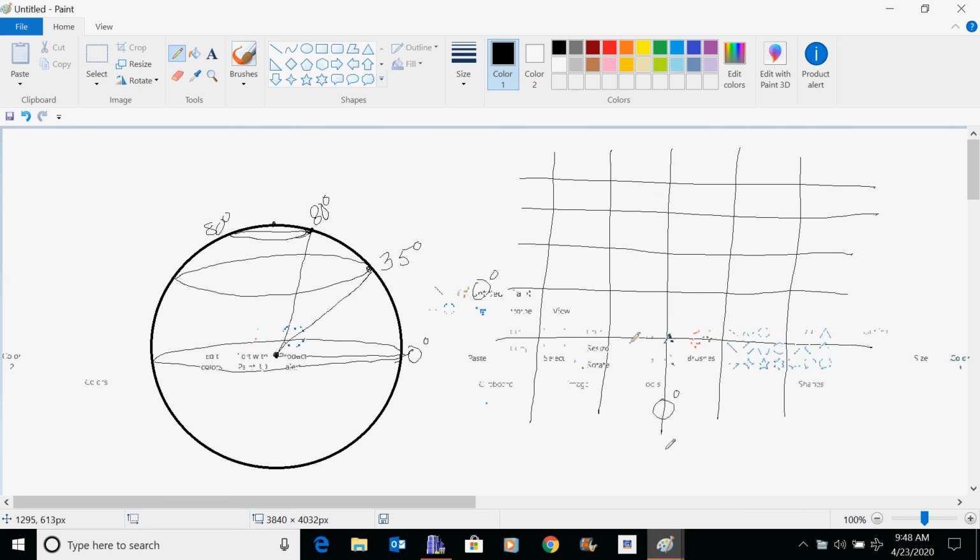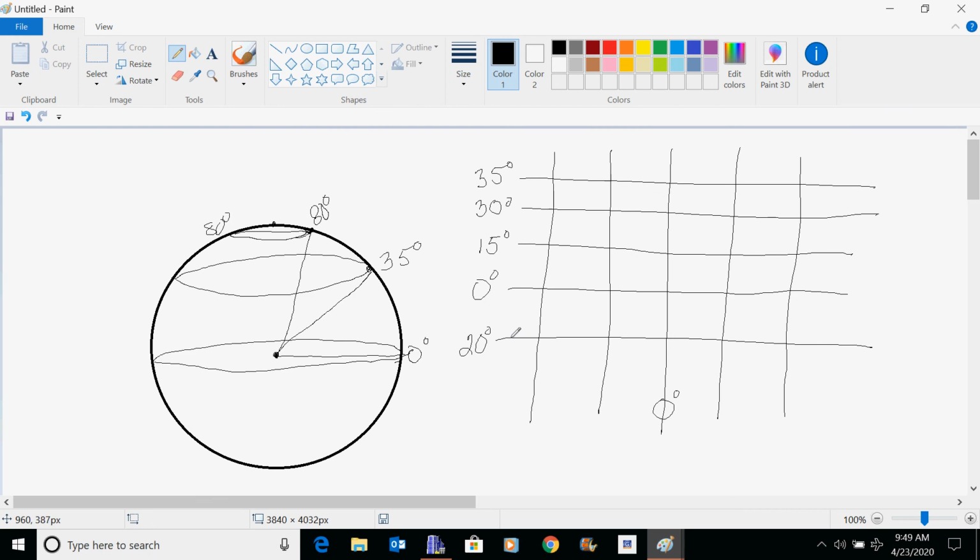Let me make this simple: this is 15 degrees, and this is 30 degrees. We'll make this 35 degrees, and this one looks like 20 degrees. I didn't do them very evenly, but that leaves me room for this.